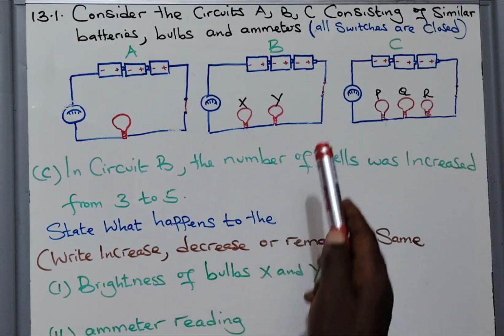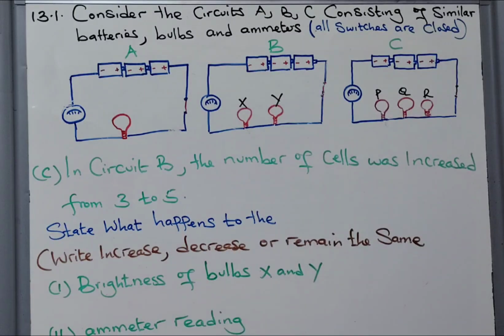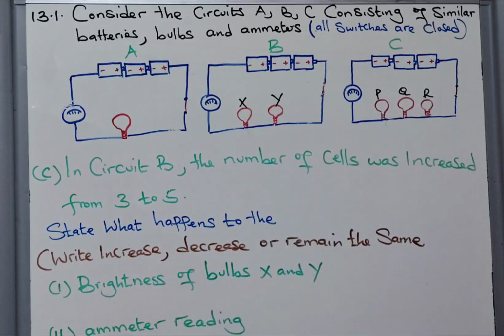But when you increase this number of cells, here you have 1, 2, 3 cells, if you increase them to 5, what will happen to the brightness of X and Y? The answer is, it will increase.